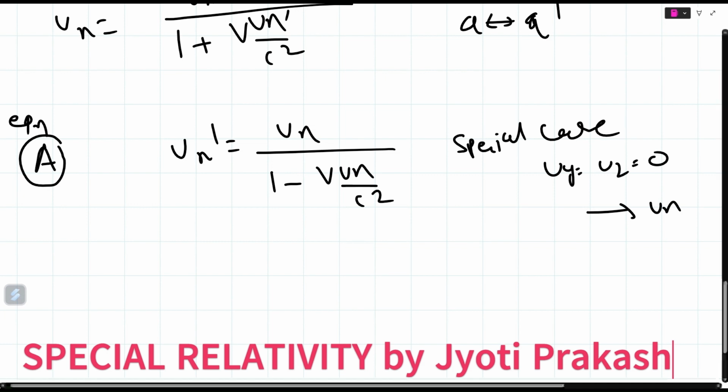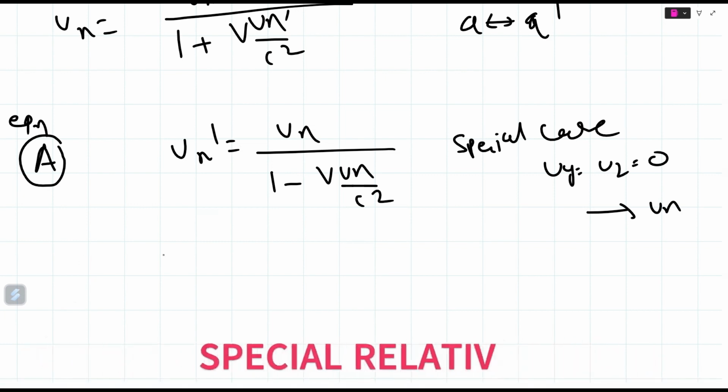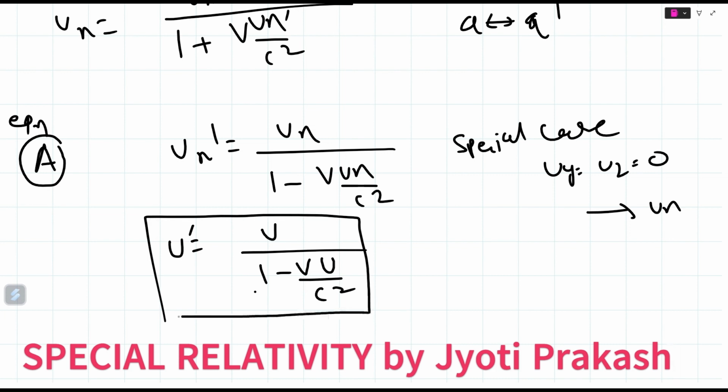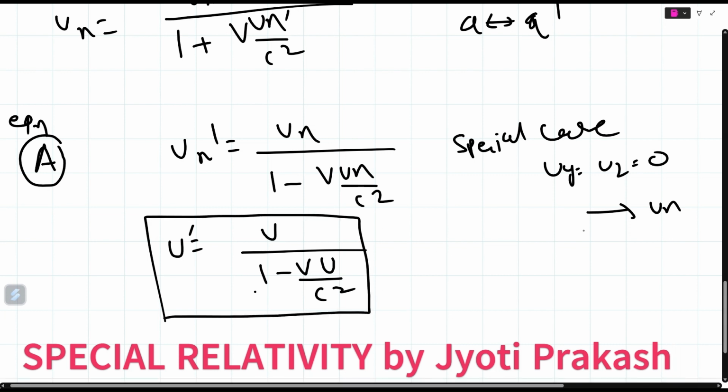You can write ux equal to u, so u prime equal to (u minus v) divided by (1 minus v u by c square). Basically, you can see that this is a velocity subtraction equation.